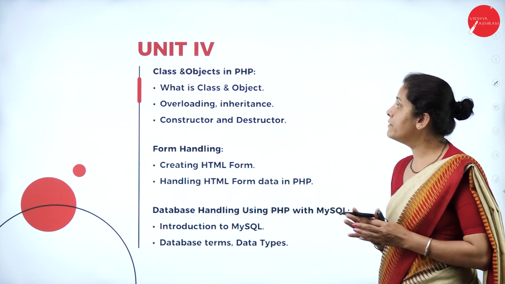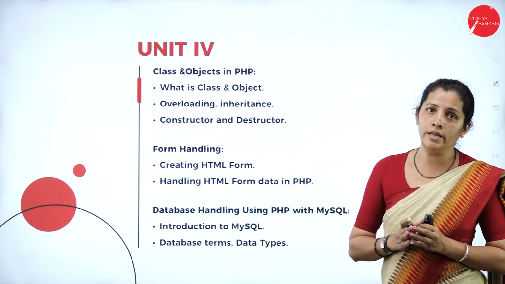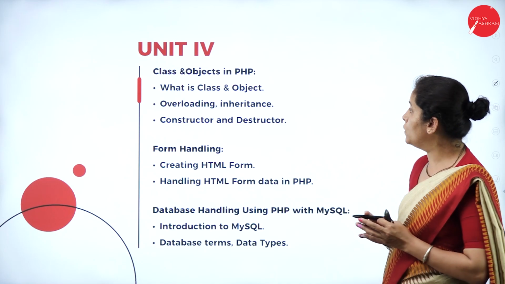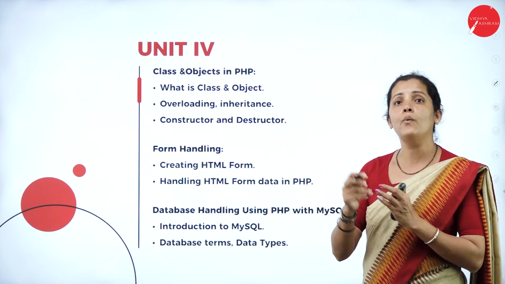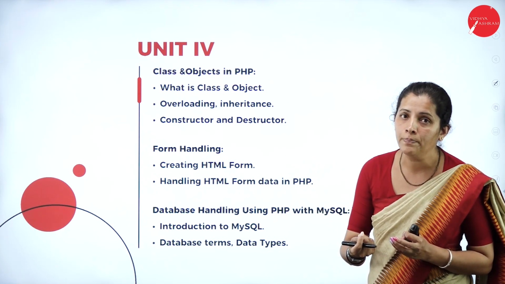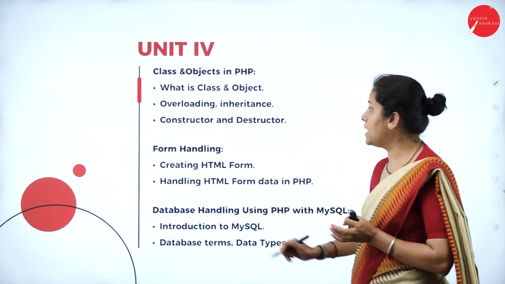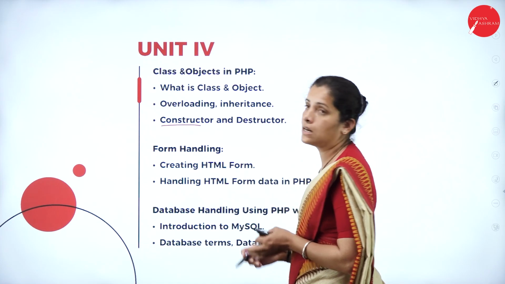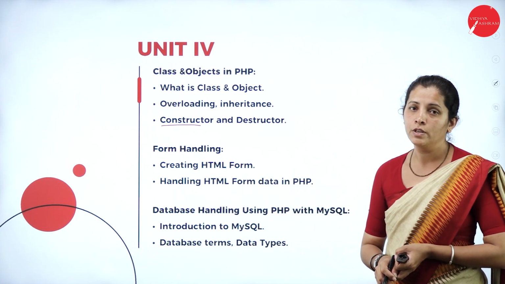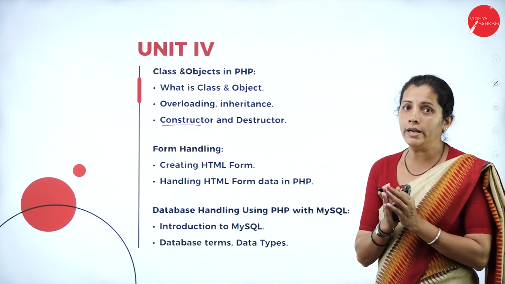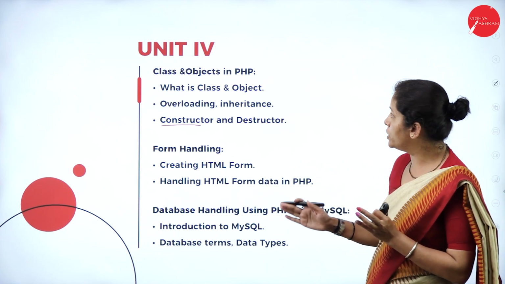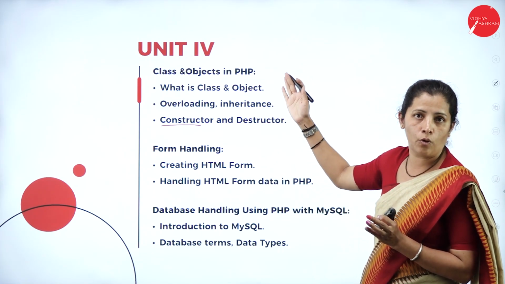At the same time, we are going to deal with overloading, that is nothing but method overloading. What is inheritance? How we can inherit the properties, all those things we will learn. At the same time, we are going to discuss constructor and destructor. So all the object-oriented programming concepts we are going to study under Unit 4.